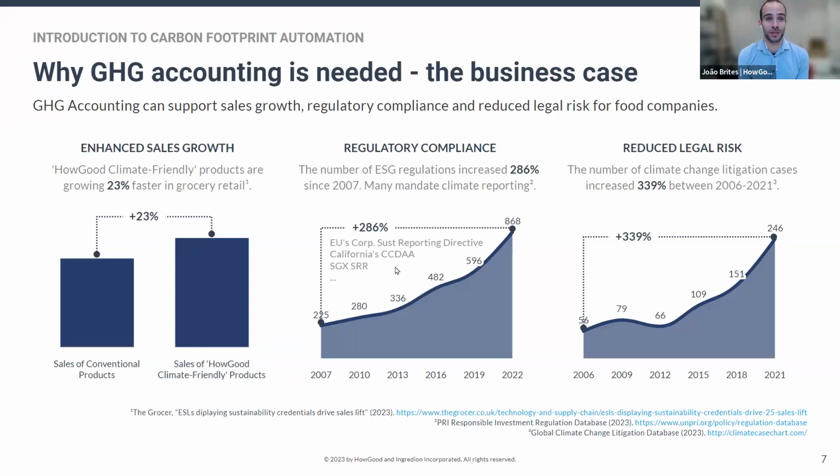The third one is reduced legal risk. There's been a 300% growth in climate change litigation in the last 20 years. So if you want to mitigate that risk for your company, you need to have GHG accounting systems in place.